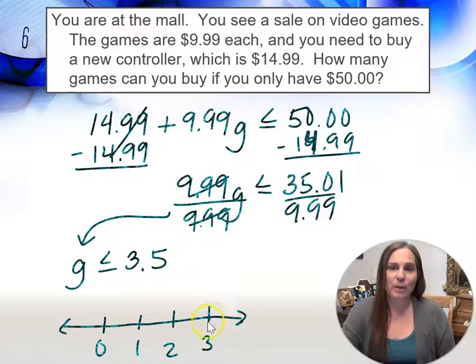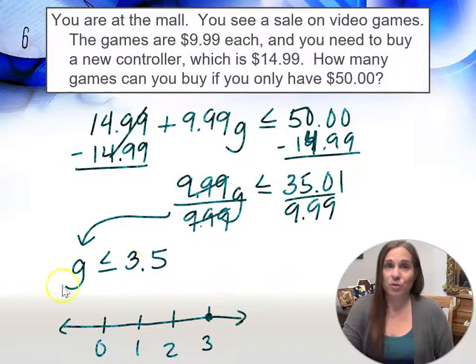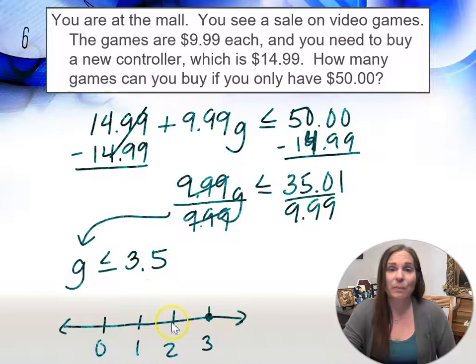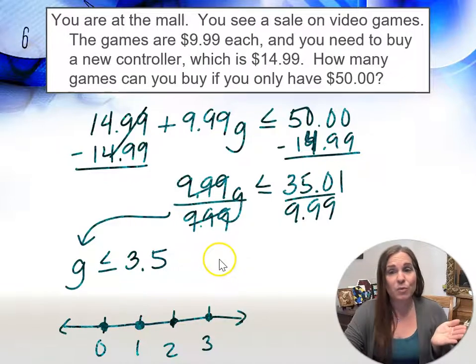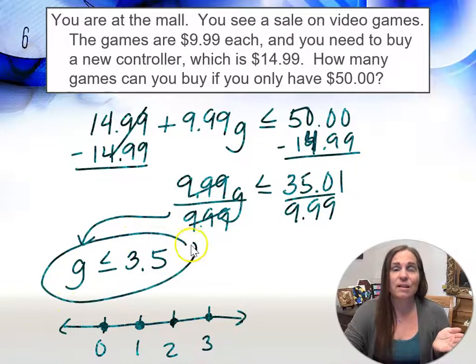So the most I could buy would be 3. But if I wanted to graph the whole solution set, then I could also buy 2 games. Or I could buy 1 game. Or I could buy no games. Right? So those would be the possible solutions for this real world situation. I could buy 0 games, 1 game, 2 games, or 3 games. But I couldn't go up to 4 because my solution is that G has to be less than or equal to 3.5.